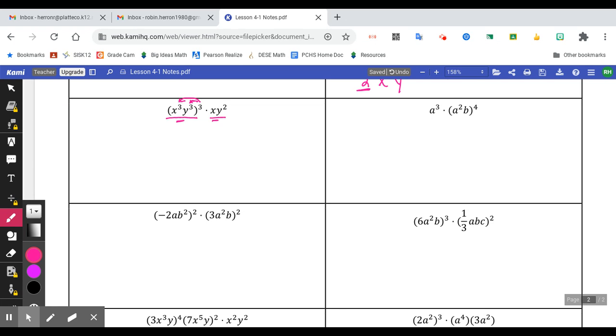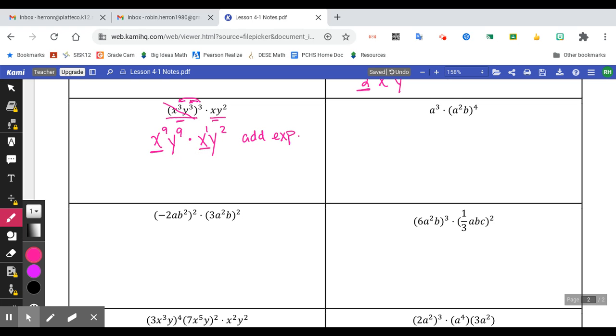Let's distribute first. I have x to the 3 times 3 is 9, and then y, 3 times 3 is 9 again. So this is gone now, times xy squared. Now, this is a multiplication problem, so we're going to add exponents at this part. Okay, my x here has a 1, so I have x to the 9 plus 1 on this side.